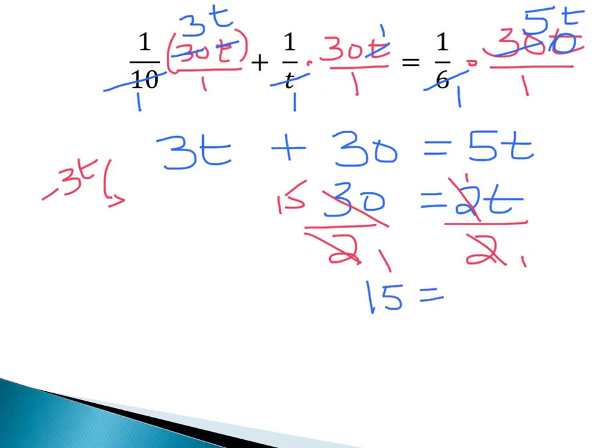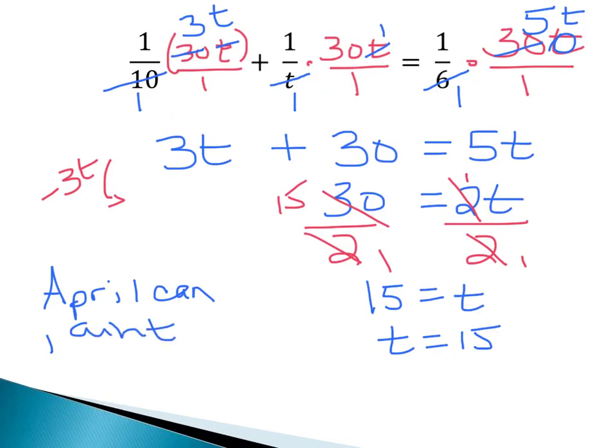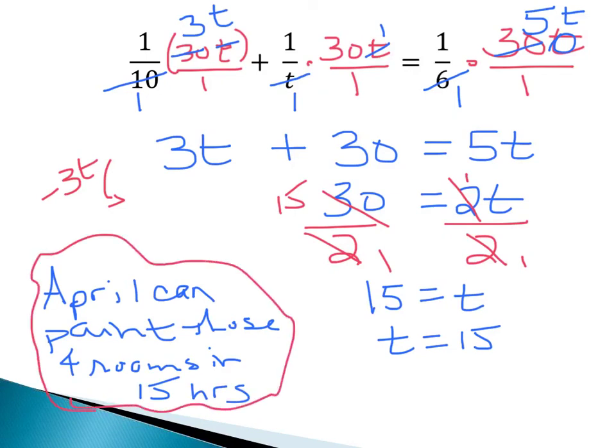So 15 equals T. T equals 15. Oh, the T, if you recall, was April's time. And so what that is saying is that April can paint those 4 rooms in 15 hours. And that's it.